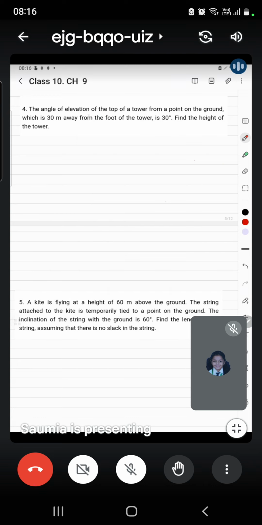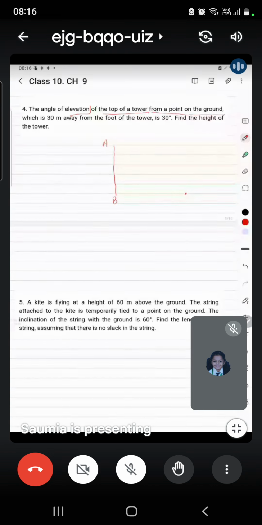The angle of elevation. That means on reading elevation we understood that we have to look up. Angle of elevation of what? Top of the tower. That means I surely know that there is a tower. So I make a tower. Now from where am I going to look at the top of the tower? From a point on the ground.